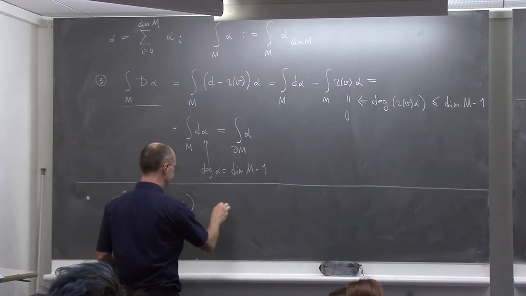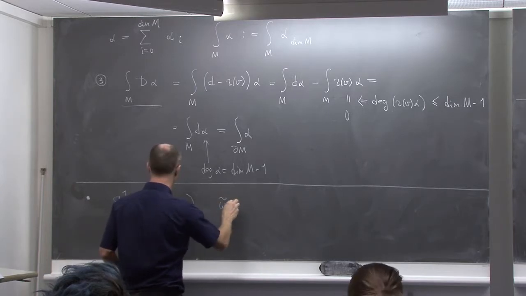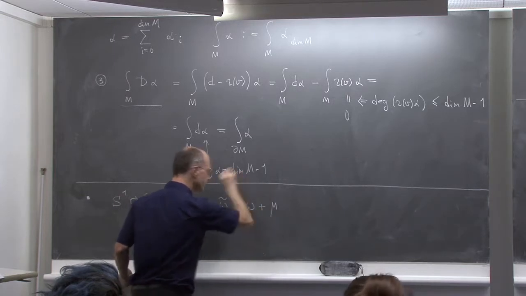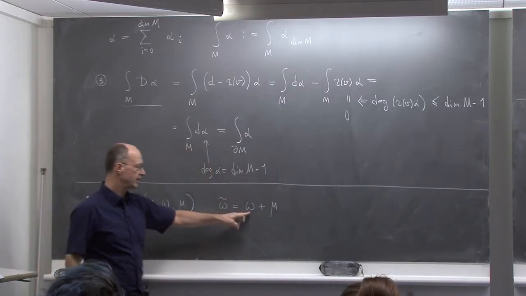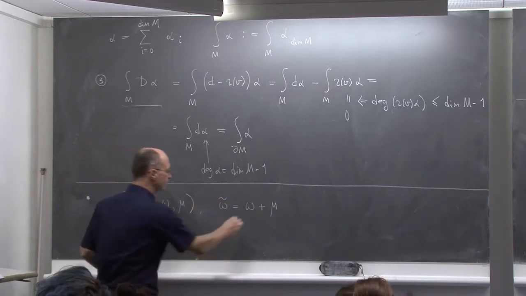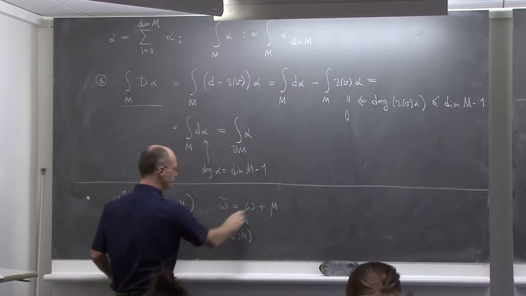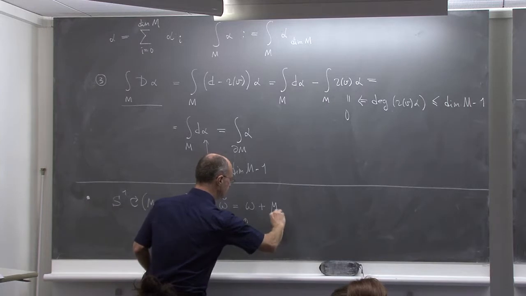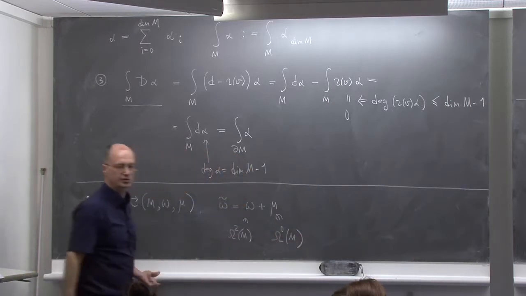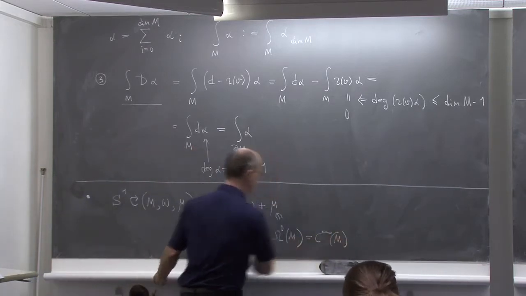And let's consider the form of a mixed degree, omega tilde, which I build simply by adding omega and mu. That's a very strange construction, but you know, so this 2-form is in Omega 2, and we can say that mu is in Omega 0, which is just C infinity functions on M.